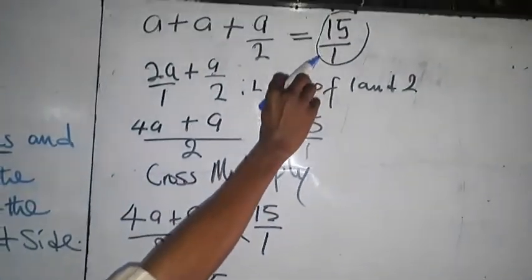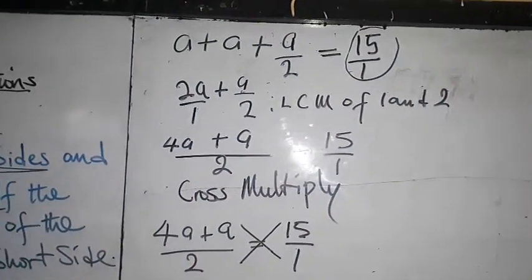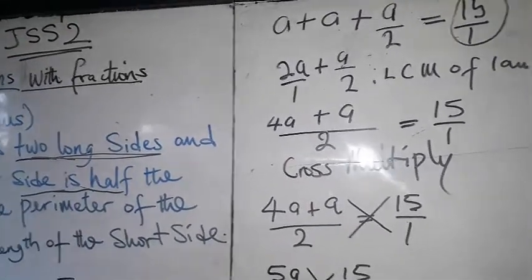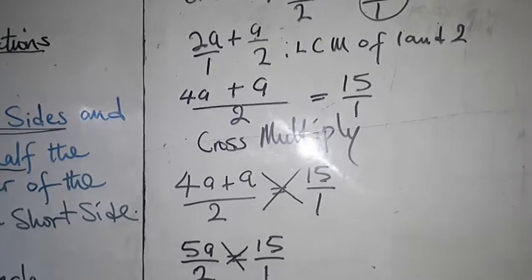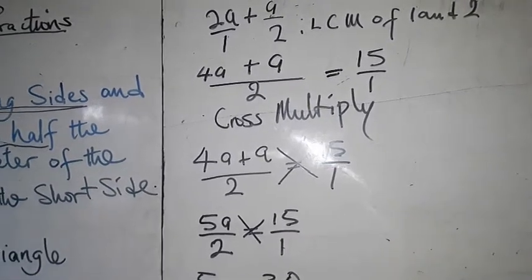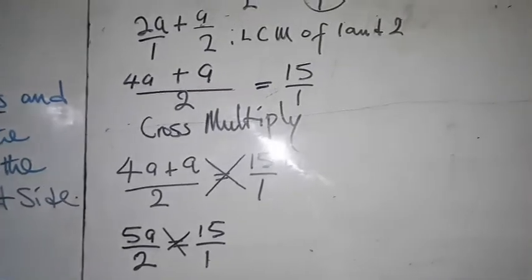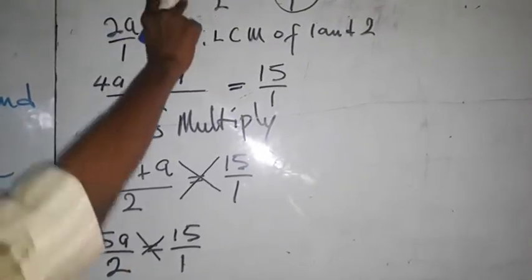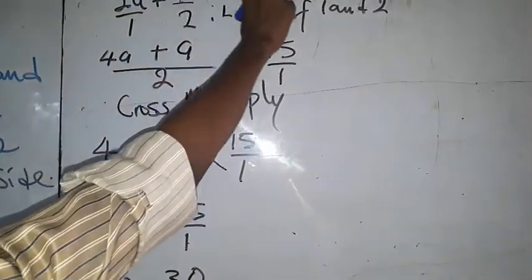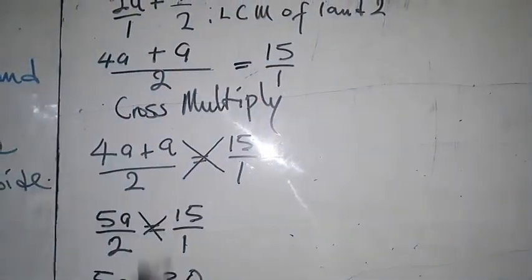You are looking for the length of the short side. First of all, find the length of the other two before you know the length of the short side. So we have arrived at the value of A, which is 6. Even if you put them here, you will still have your 15.